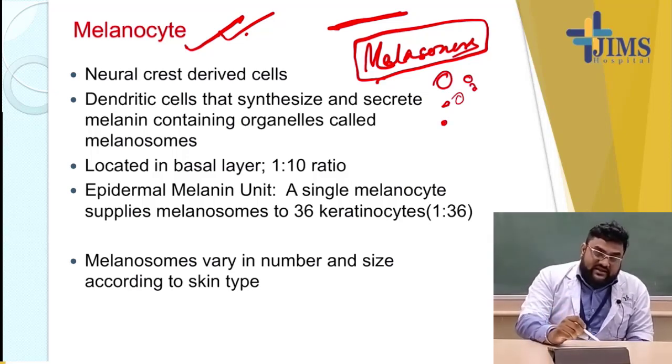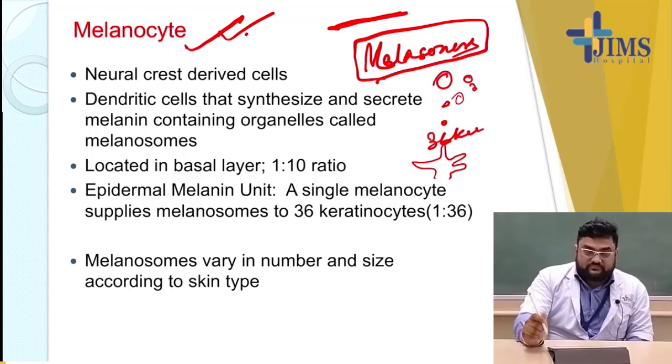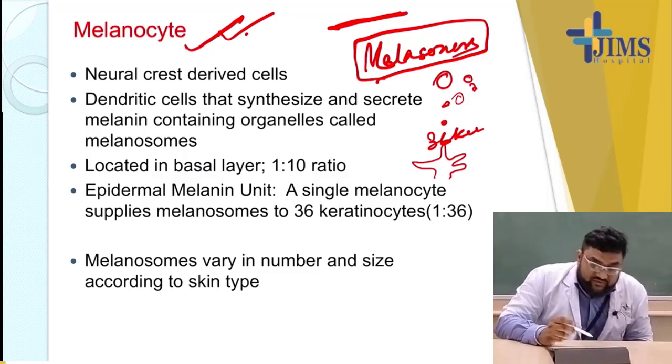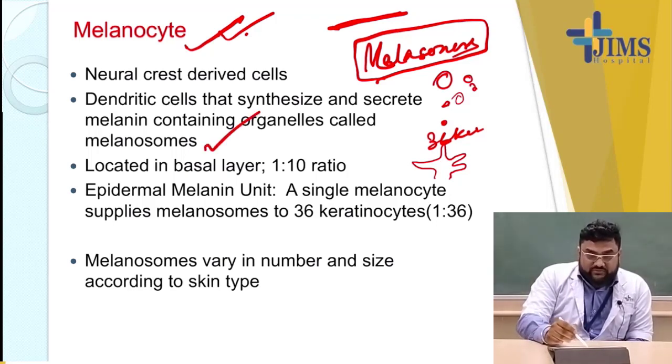So what are melanocytes? They are neural, and remember, each melanocyte in the basal layer will supply 36 keratinocytes. Melanocytes are neural crest-derived dendritic cells that synthesize and secrete melanin and contain organelles called melanosomes.